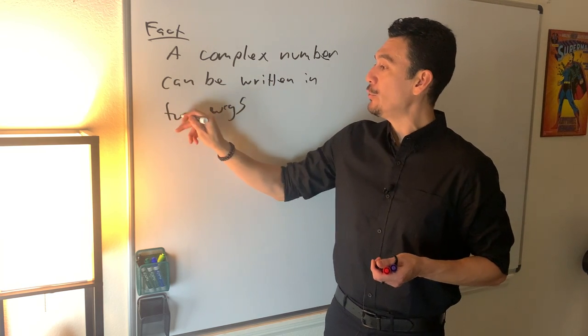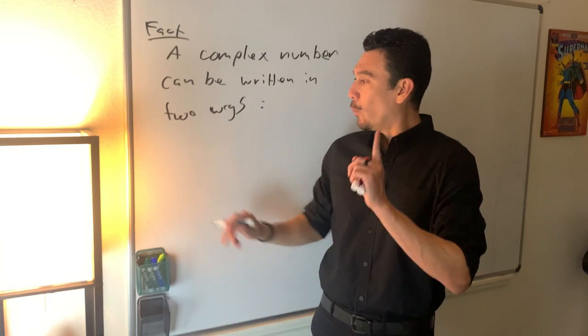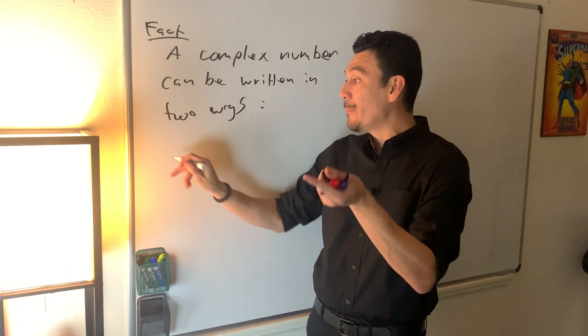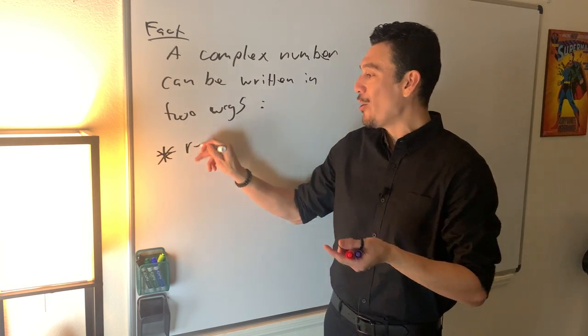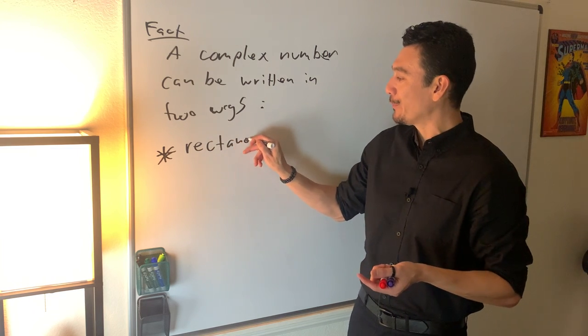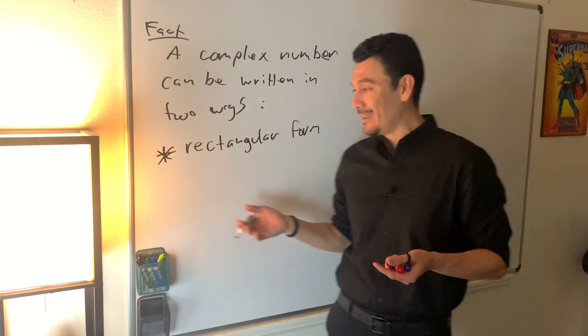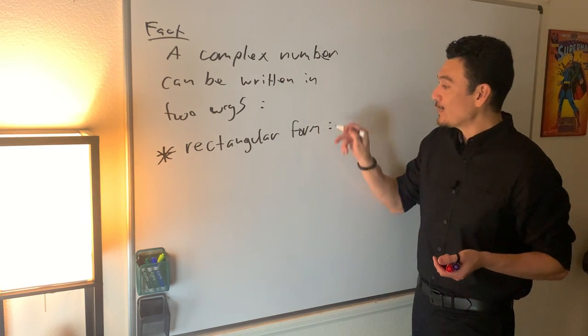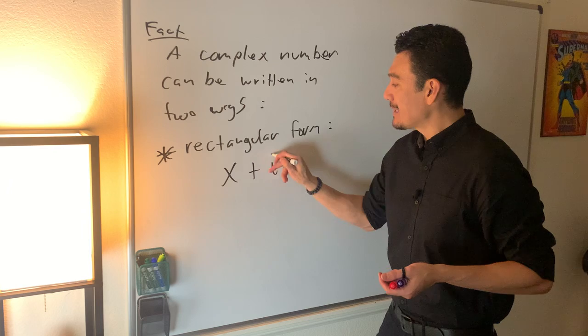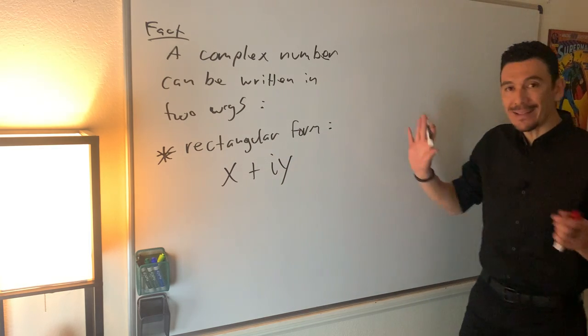Okay? In two different ways. One way for you to write a complex number is what we call rectangular form, and that's what we wrote down earlier in this video. That was x plus iy. That's rectangular.